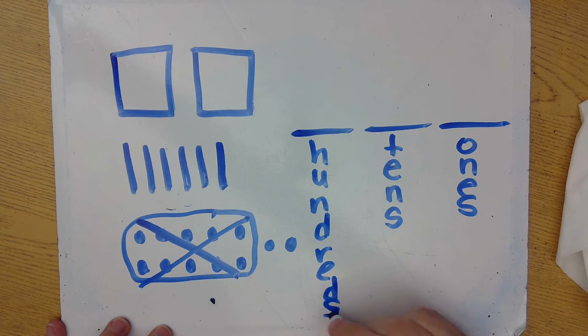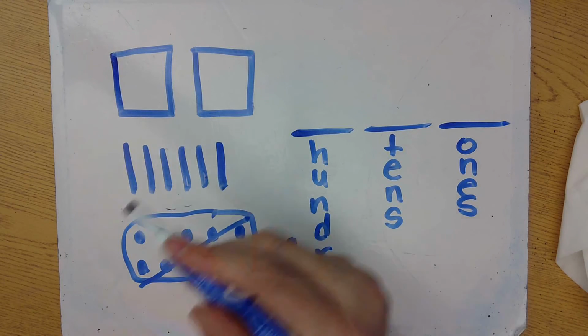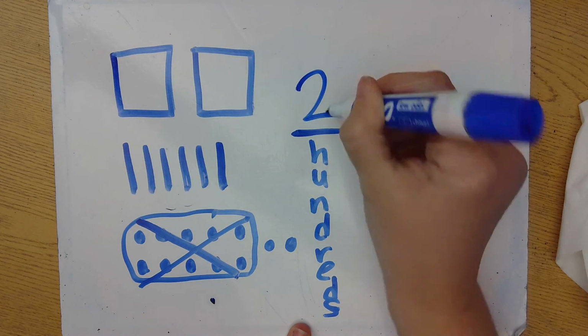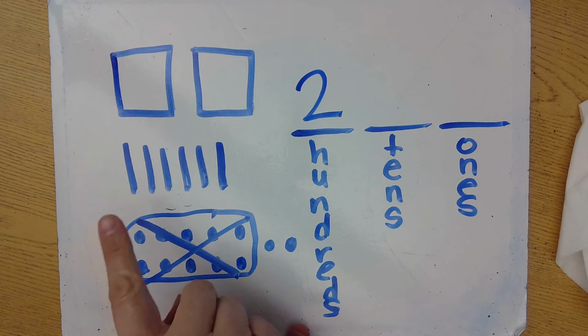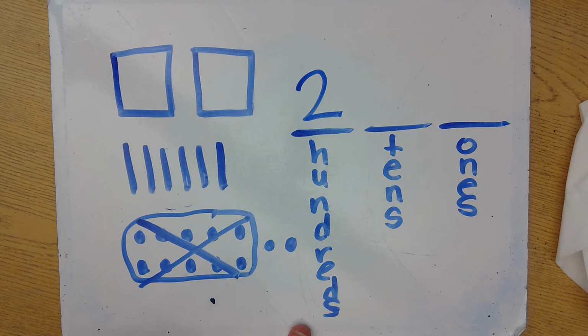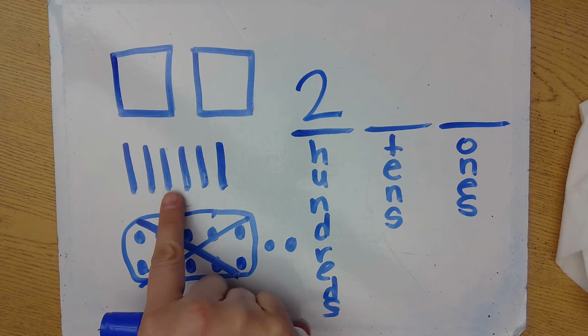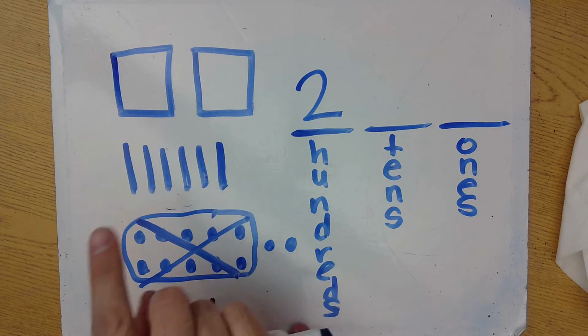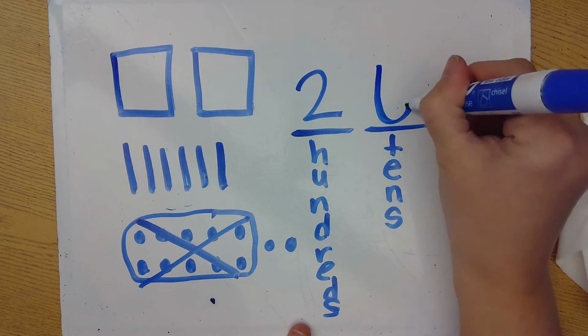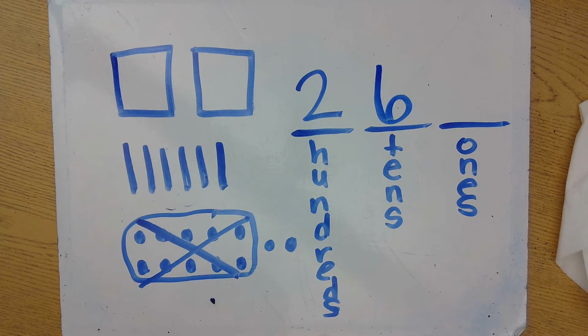All right, so let's go ahead and put our numbers where they're supposed to go. The flats represent hundreds. So how many flats do I have? 2, you're right. So I'm going to put a 2 in the hundreds spot. How many longs do I have? Let's count. 1, 2, 3, 4, 5, 6. So I'm going to put a 6 in the tens place.